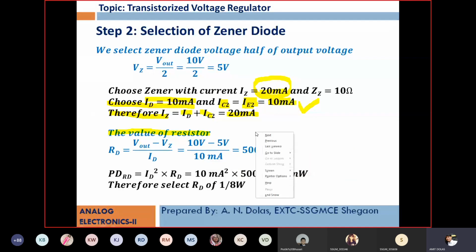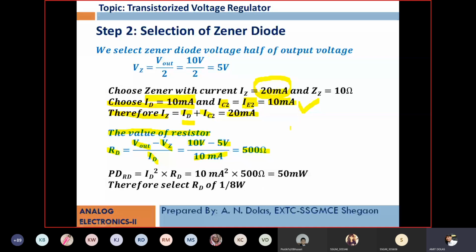So a similar concept is used here, that resistance RD is nothing but Vout, which is one of the terminal voltages of RD, minus VZ, the other terminal voltage of RD, divided by ID, which we already assumed is of course 10 milliampere here. Putting the values, 10 volt is Vout, 5 volt is VZ, divided by 10 milliampere. It goes 500 ohm. So RD value in this way we can calculate.